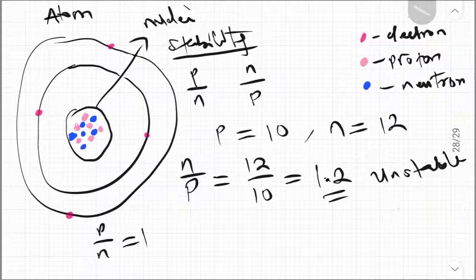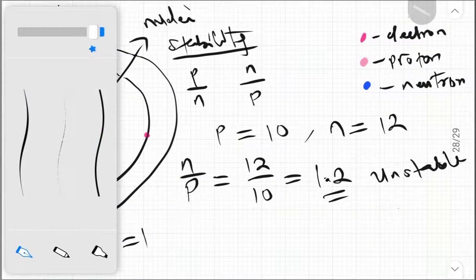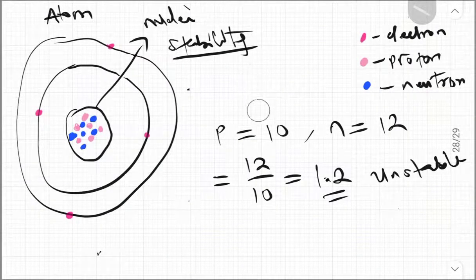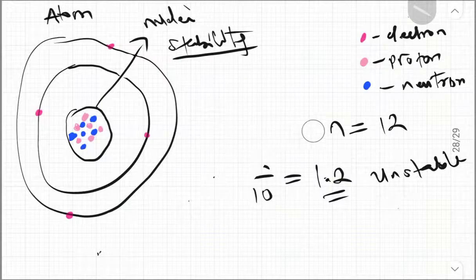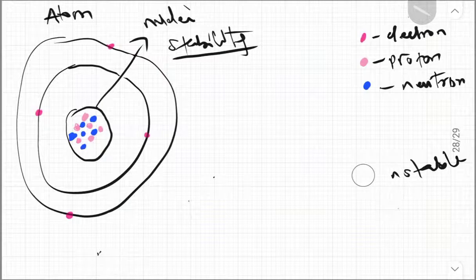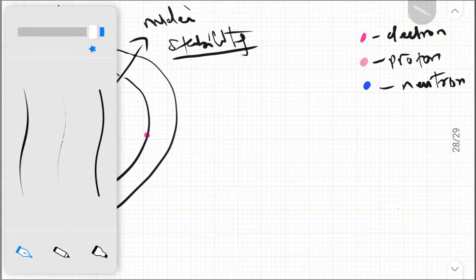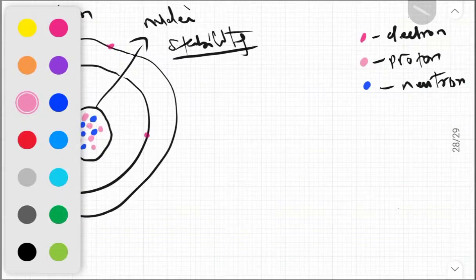Now let's try to introduce more protons and see. Let me clean this up. So initially this has a proton number of 6, and neutron number of 6. So let's introduce more protons and see how it affects its stability. Let's put one more proton. That means we now have 7 protons and 6 neutrons.